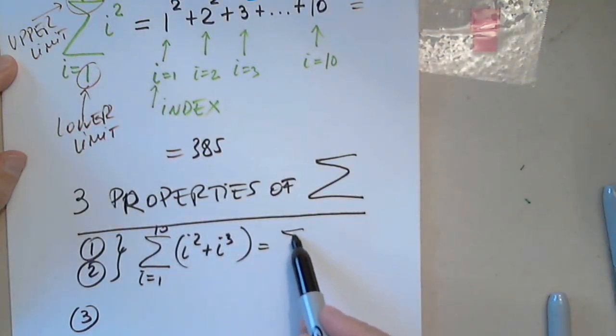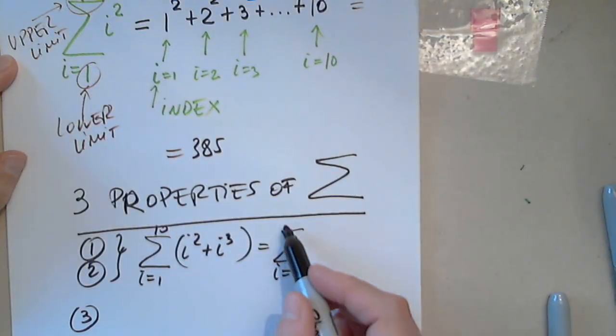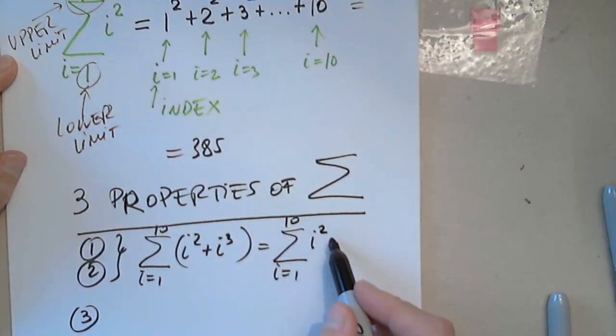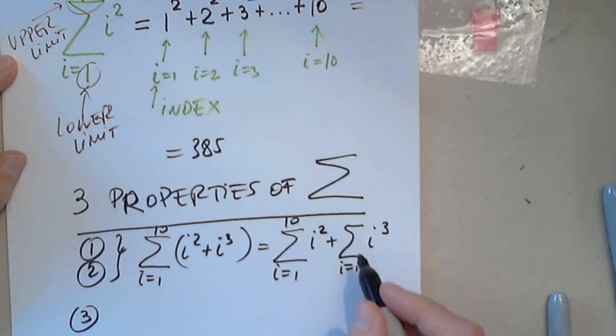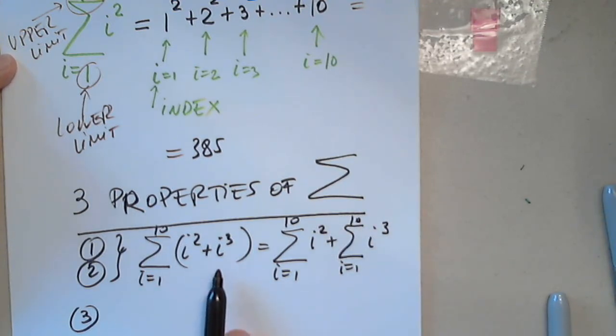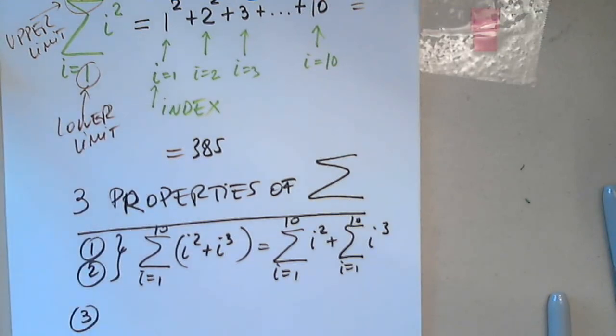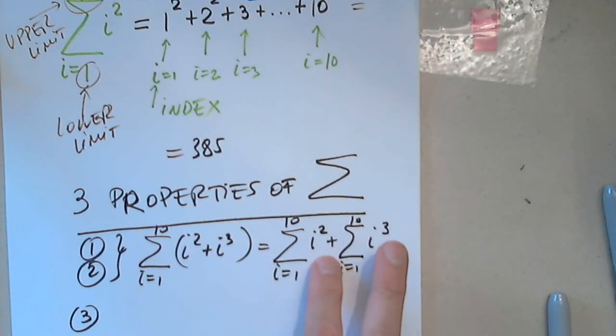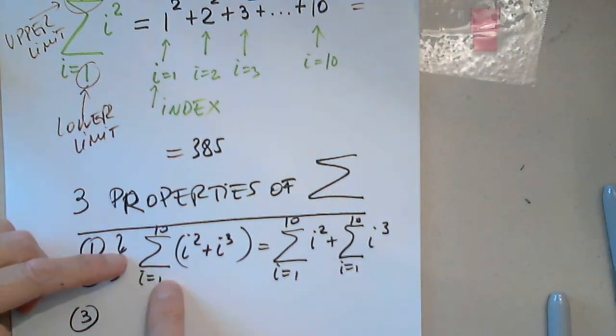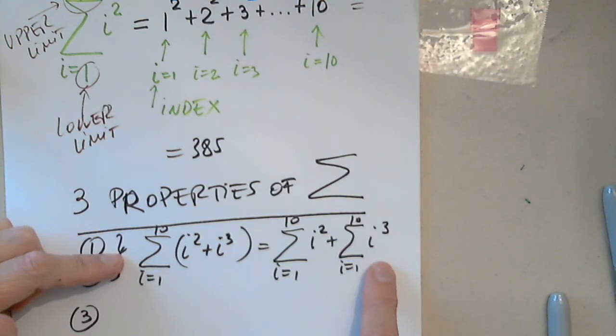this can be written as the sum from I equals 1 through 10 of I squared plus the sum of I cubed from I equals 1 through 10. No, we are not distributing the symbol. We are only saying that if I have a sum of two general terms, I can add the sum of the first general term plus the sum of the second general term.